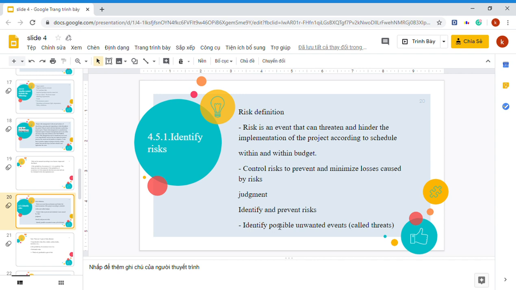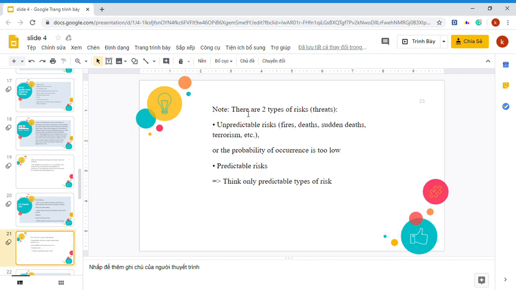Identify possible untoward events. Note there are two types of risk: unpredictable risk and predictable risk.